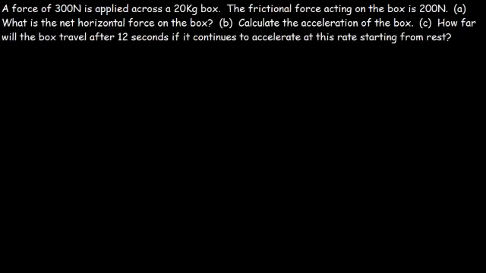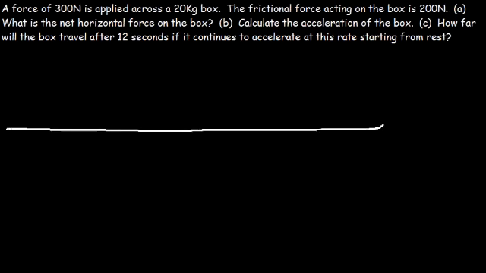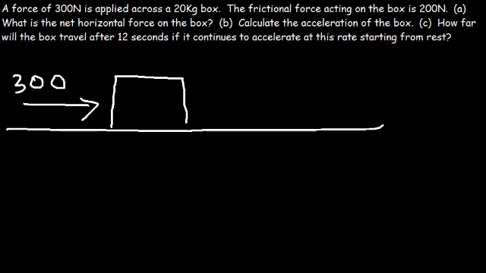A force of 300 newtons is applied across a 20 kilogram box. The frictional force acting on the box is 200 newtons. What is the net horizontal force on the box? So let's begin. So we have an applied force of 300 newtons.